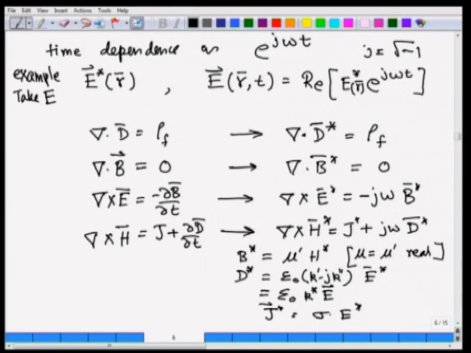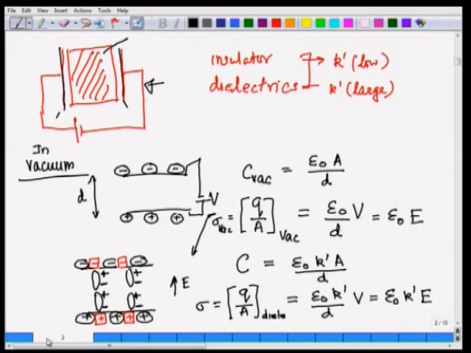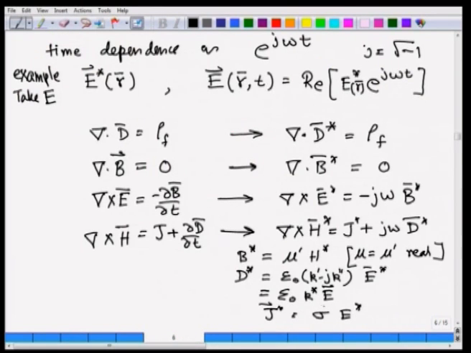I had used this sigma in the first slide as well, where I had used sigma for charge per unit area. So I am reusing the same symbol, going back to Ohm's law, where sigma represents conductivity. I will not be using sigma as charge per unit area anymore. That was only in the context of the capacitor. So now we are going to stick to sigma as conductivity itself.